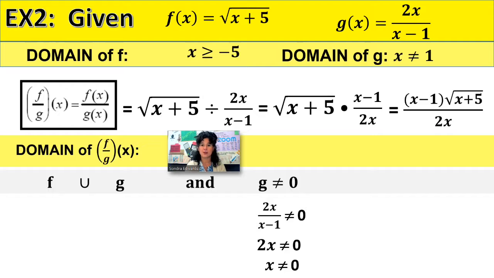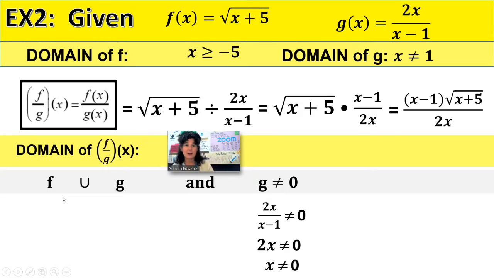Notice if I substitute 0 back into this g function up here, that would be 2 times 0 divided by 0 minus 1, which is 0 divided by -1, which is 0. We found the number that makes the function we're dividing by equal 0. So we cannot use that number either.